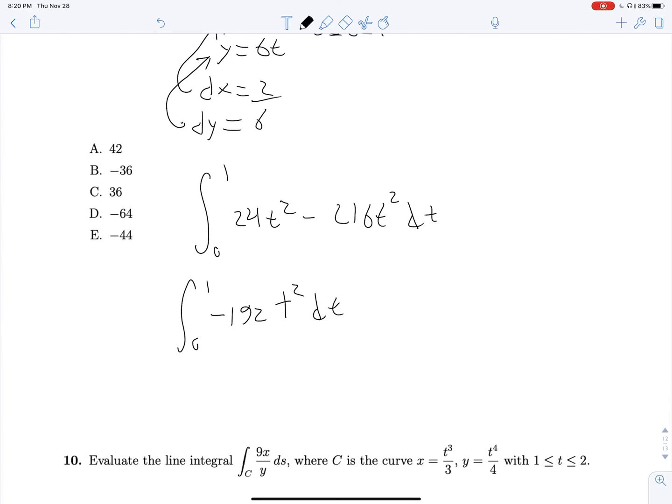And this will give us, well, if we take 192 and divide it by 3, we are going to get 64. And so this will be negative 64 t cubed on 0 to 1, which is just negative 64.